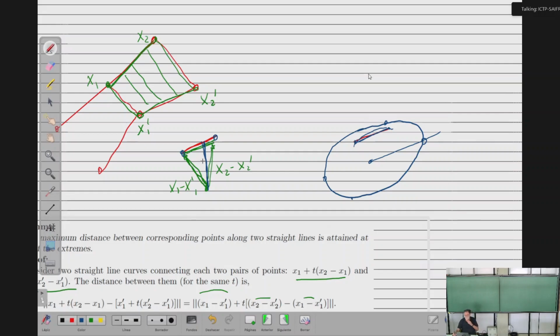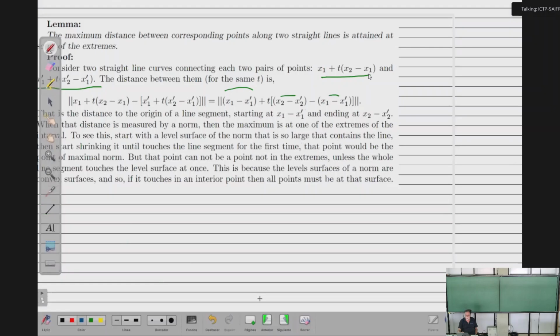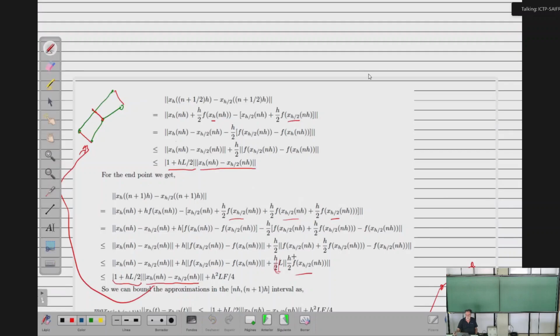Okay. So this way you are sure that the maximum is found here, either at this point or at the corresponding one here that I miss. So the maximum is either here or here.